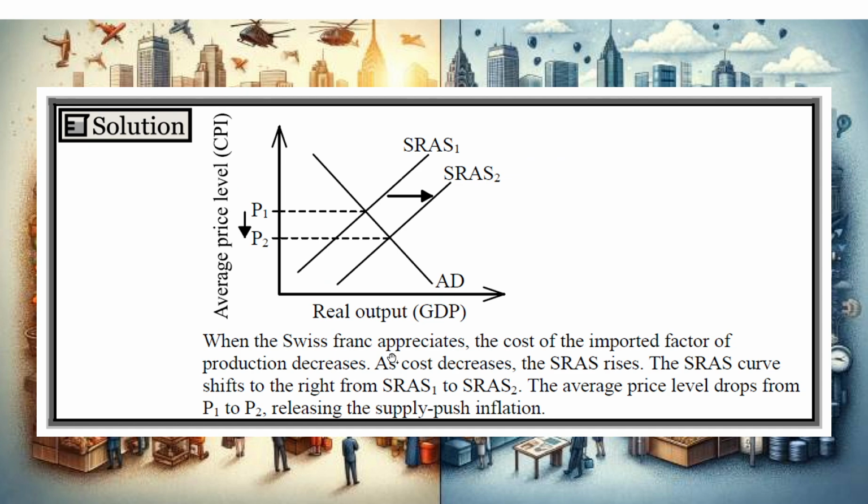So when the Swiss franc appreciates, you have to say clearly the cost of imported factors of production decreases, not of the factor imported. Okay? Cost decreases, SRAS increases. So the SRAS curve shifts to the right from SRAS1 to SRAS2, remember the labeling. So the average price level drops from P1 to P2. Now, the question is focused on the inflation, so price level, releasing the supply push inflation. Okay.